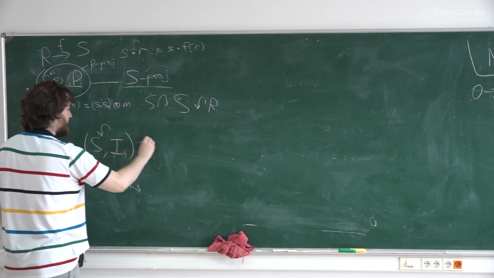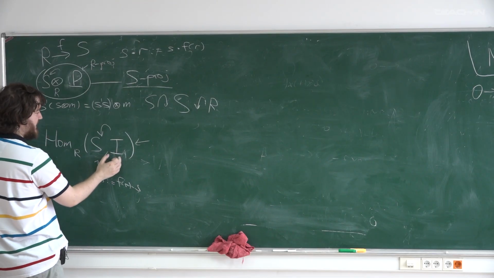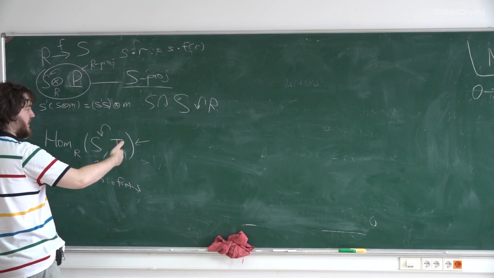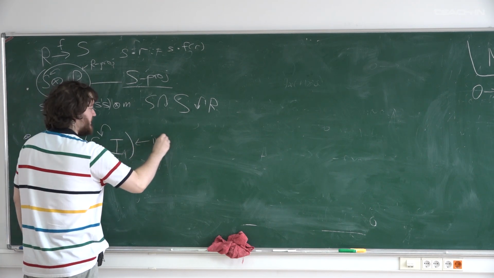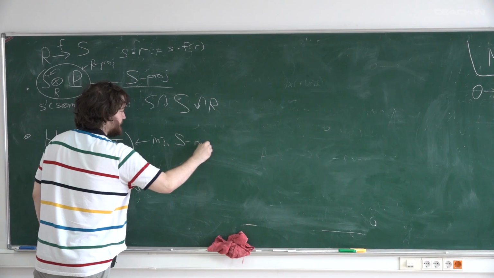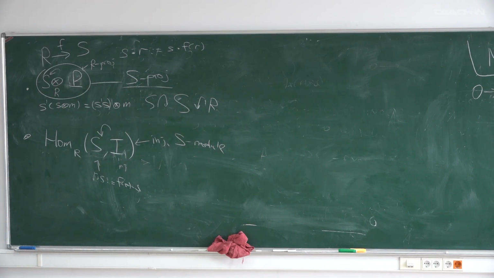So this is also a left S module, and I claim that if I is an injective left R module, then this thing is an injective left S module. It's the dual part.